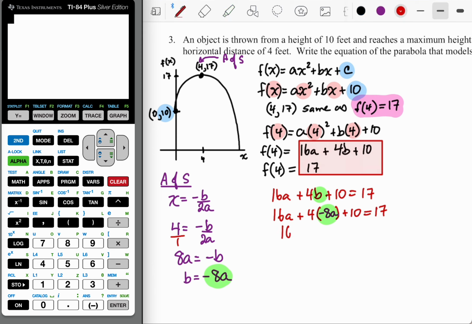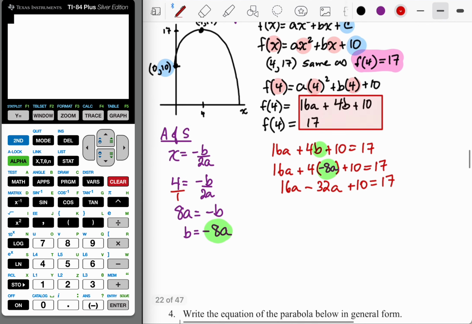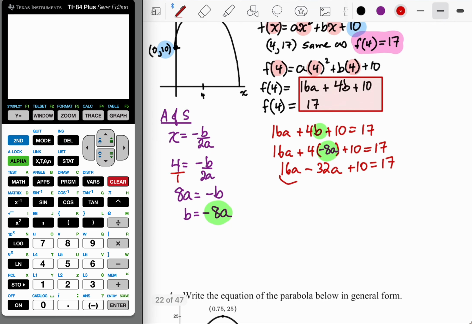So 16a minus 32a plus 10 is equal to 17. I can combine these terms, and I could also subtract off the 10 from both sides.